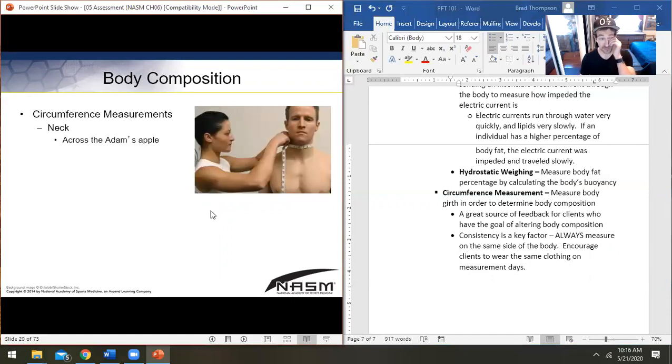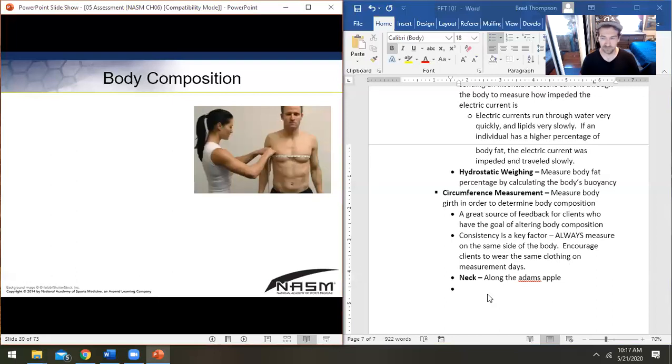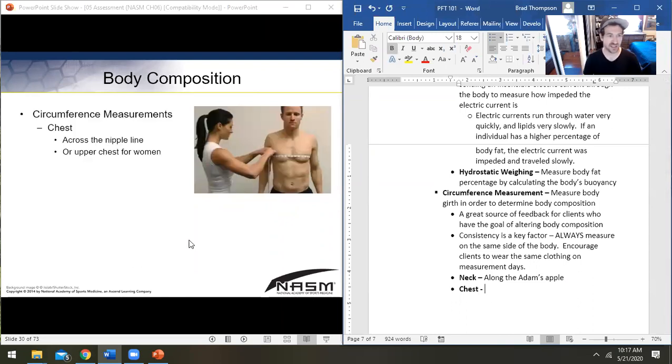So your circumference measurements that you're going to take are going to be the neck along the Adam's apple. Okay. Is that capitalized? I guess so. Your chest measurement. You are going to take this along the nipple line if you don't have any clear markers.